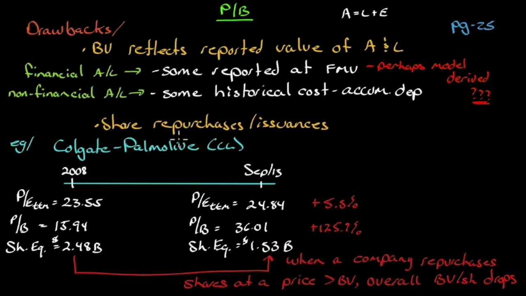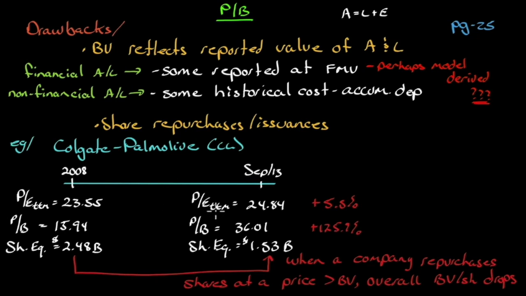The other drawback: share repurchases and issuances can really mess up the book value per share. So let's look at an example of that, because it's easier to show than to describe. Colgate-Palmolive, back in 2008, its trailing PE was 23.55, price to book of 15.94, and shareholder equity of 2.48 billion. And then let's go to September 2013. Colgate-Palmolive bought back a lot of their stock over that period of time.